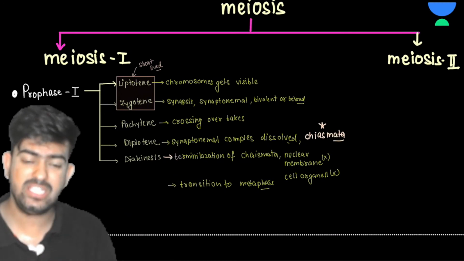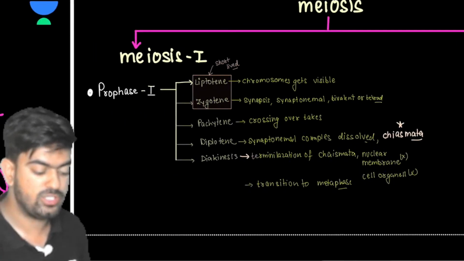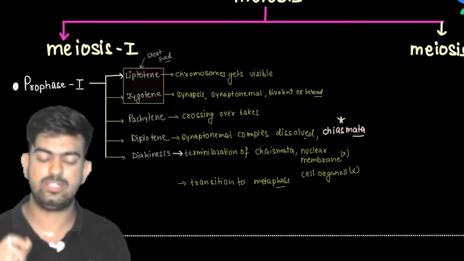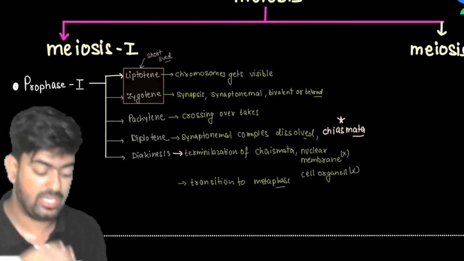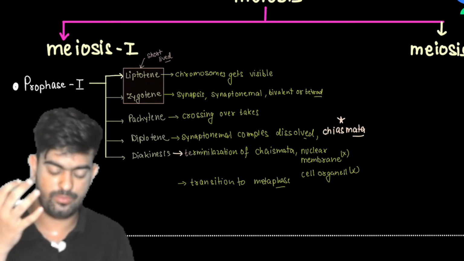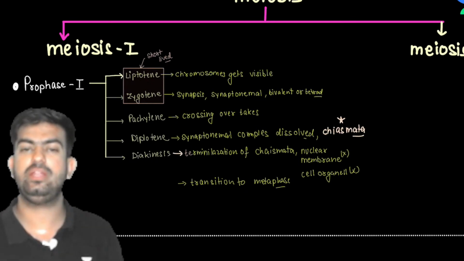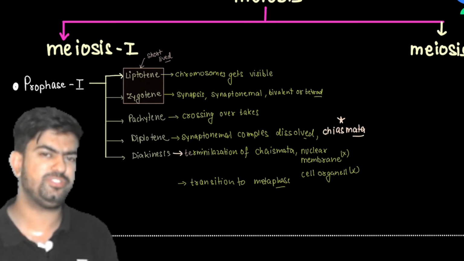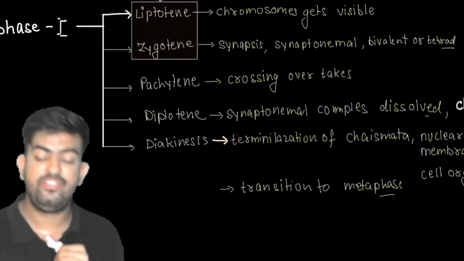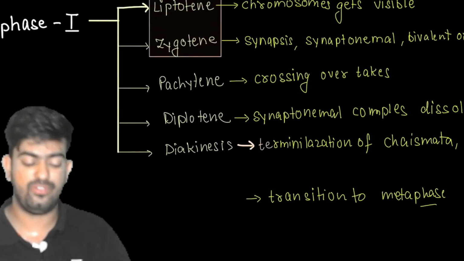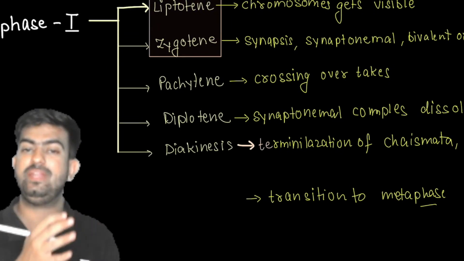What are the major things happening in leptotene? Sir, in leptotene, chromosomes become visible. What is happening in zygotene? In zygotene, synapsis is formed, and the synaptonemal complex, bivalent or tetrad is formed. What is happening in pachytene, sir? In pachytene, crossing over is taking place. And what is happening in diplotene?